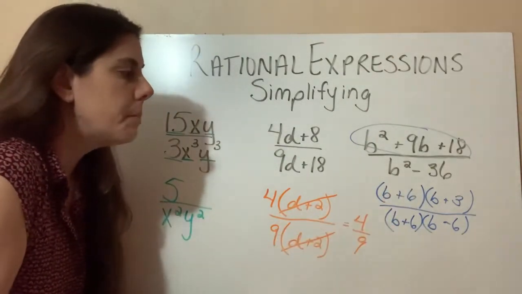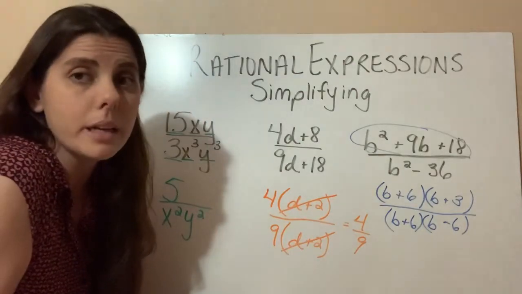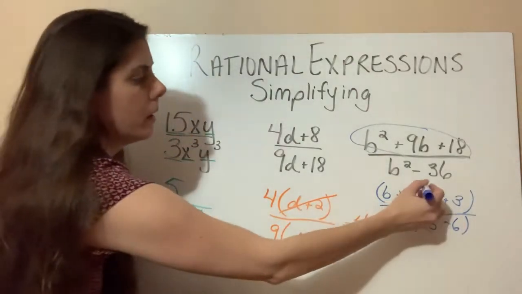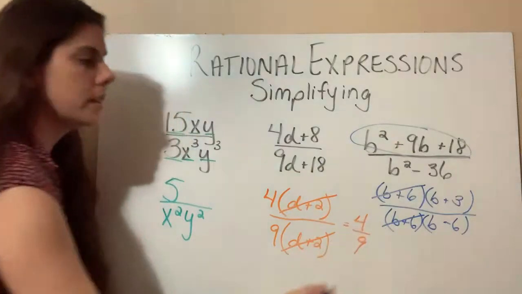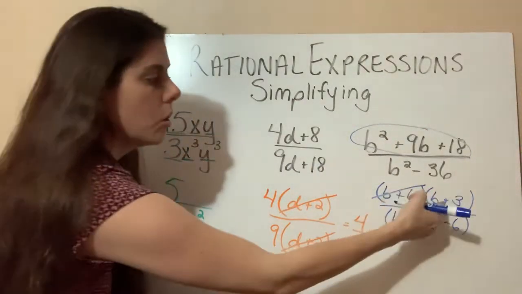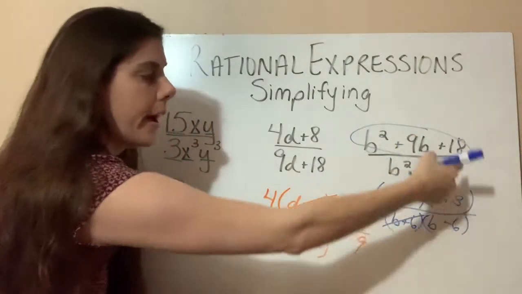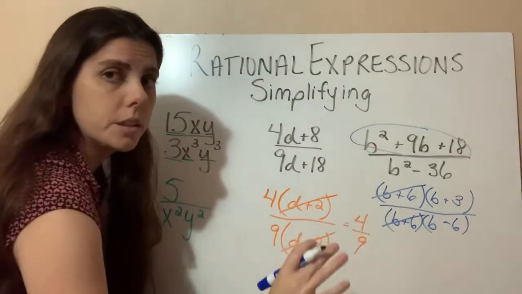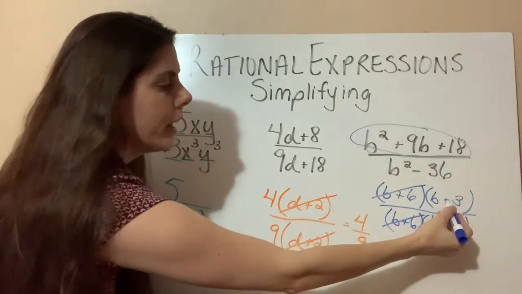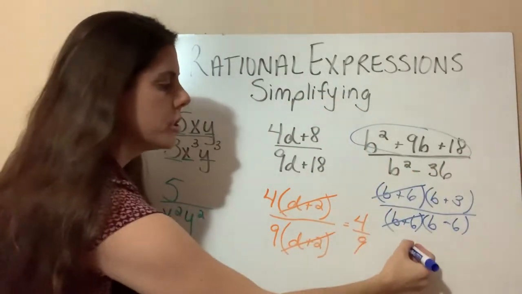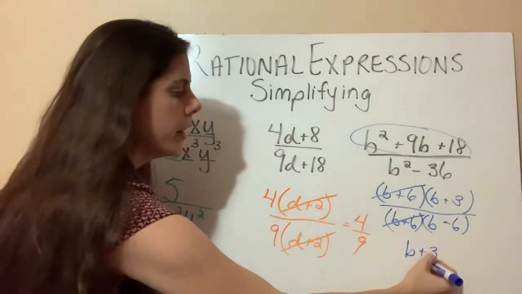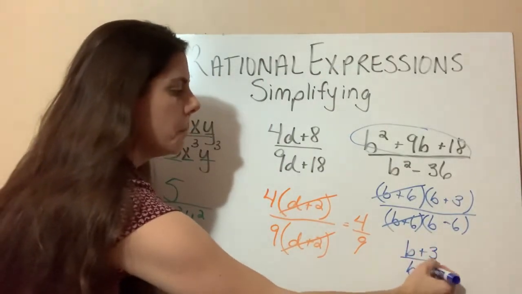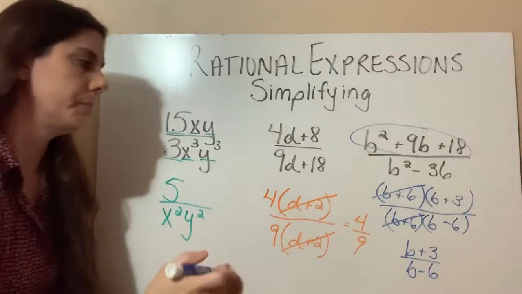We have a b plus 6 on the top and a b plus 6 on the bottom. Those are going to cancel out. So after you factor it, put it all in factored terms, all that you're going to have left over after all the cancellation is b plus 3 on the top and b minus 6 on the bottom.